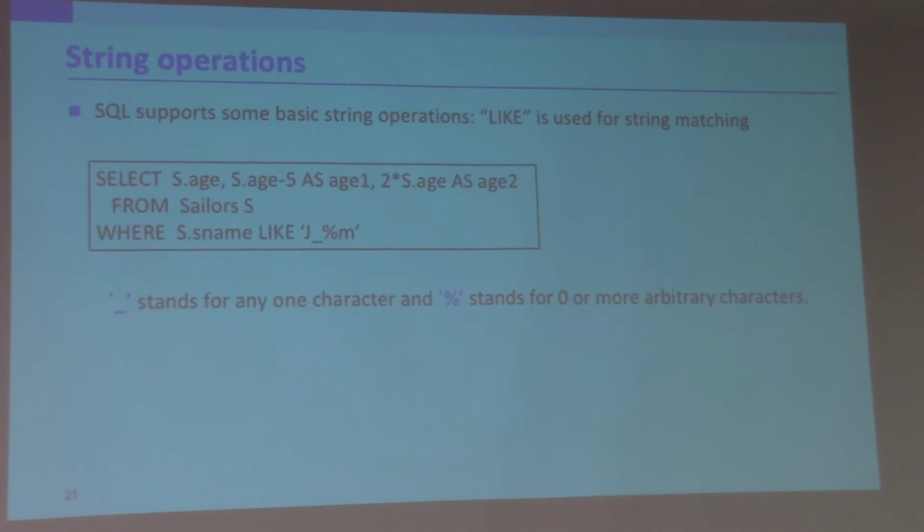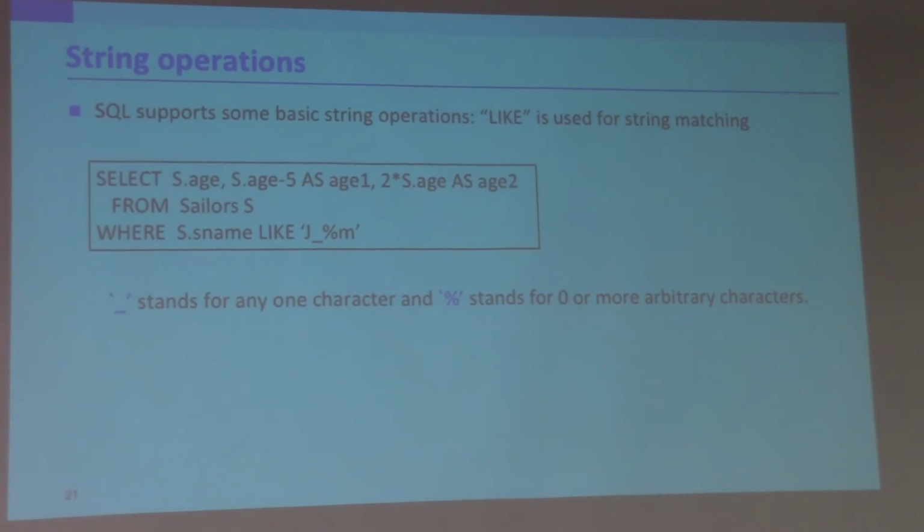Over here for string operations, we can use underscore and percentage just to select the names. Okay, so this underscore is exactly one character and this percentage stands for many characters. It can stand for 0 to multiples, any.